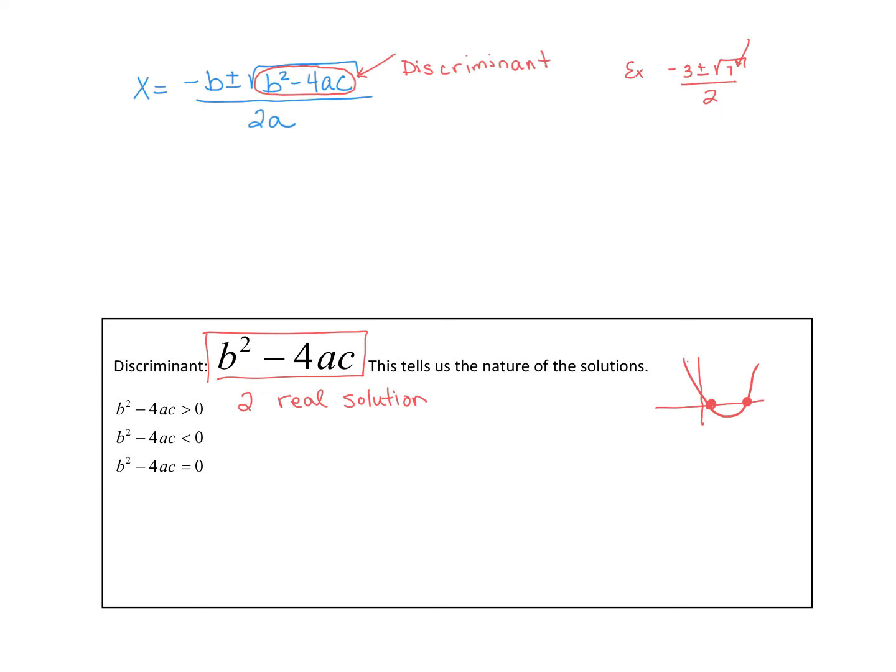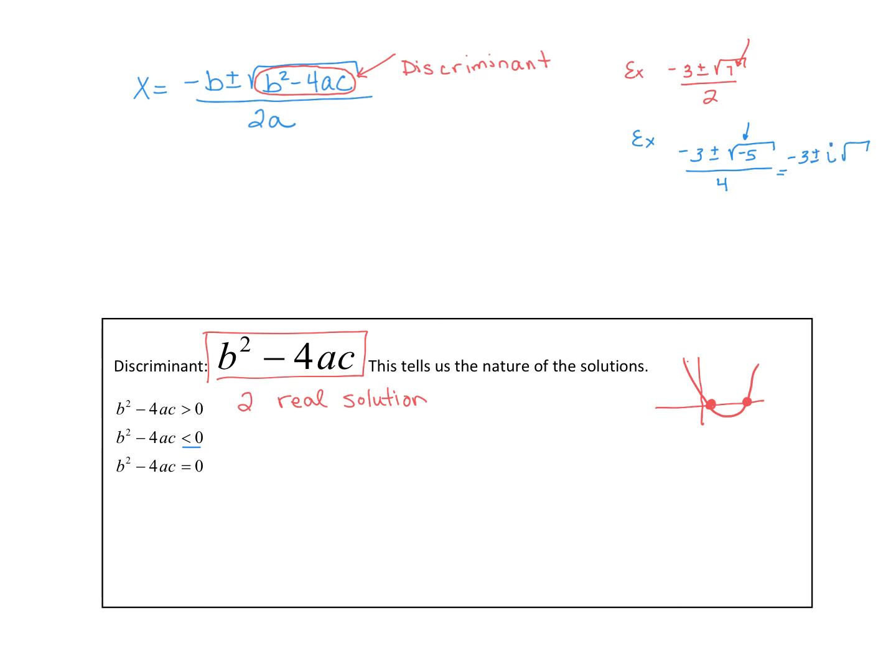If what's underneath our radical, b squared minus 4ac, is negative, an example of that might be negative 3 plus or minus the square root of negative 5 over 4. Well, what we do is we take this negative outside of the radical as an i.